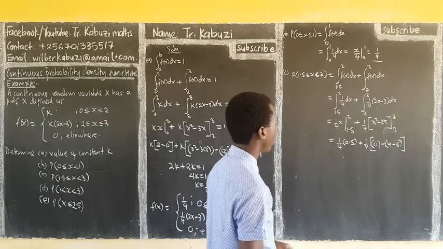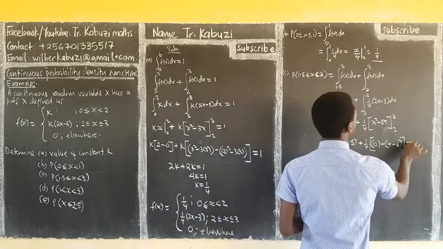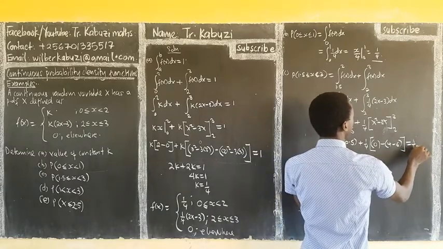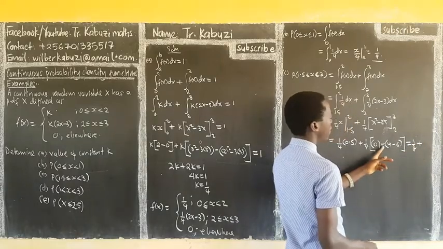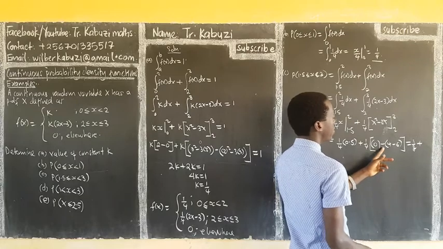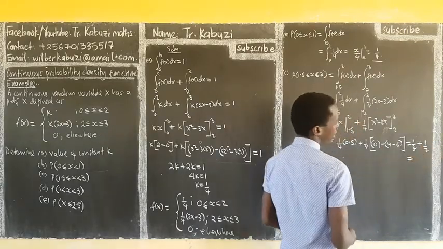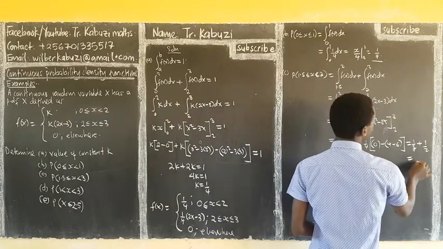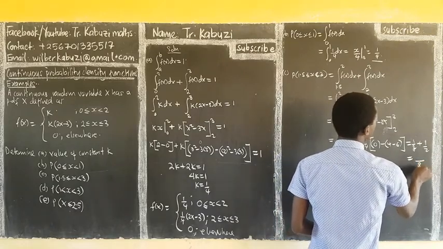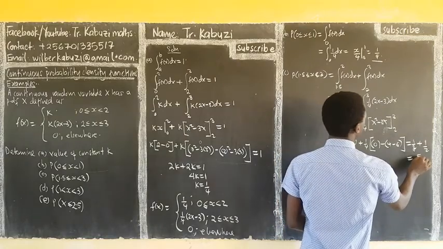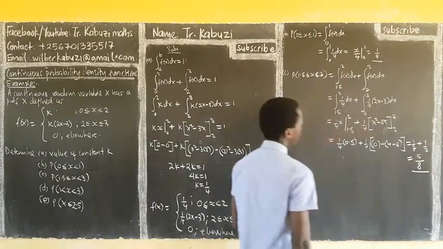And there, this one is 1 over 8, and plus, this is going to give me negative 2 plus 2, it will be 2. Then plus a half, and the answer there will be 5 over 8.